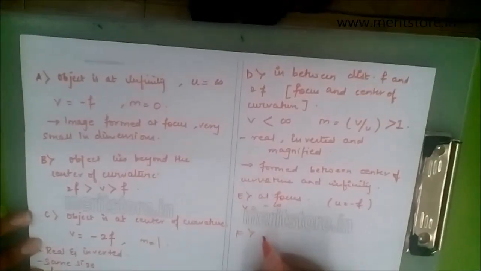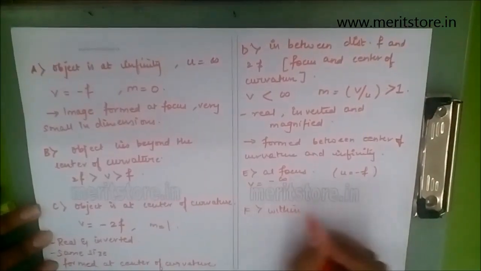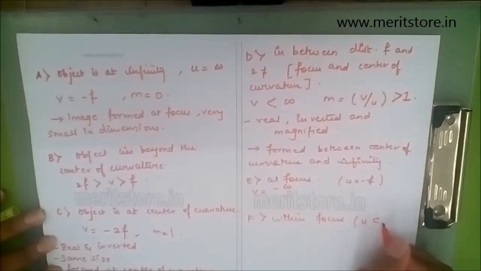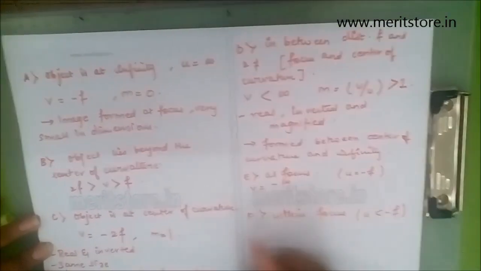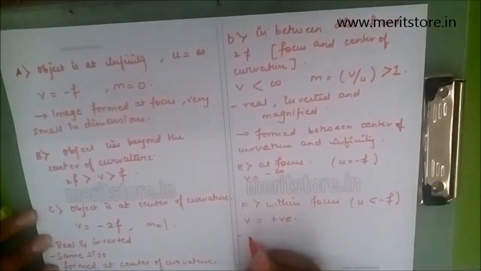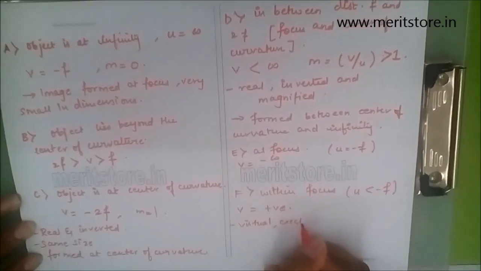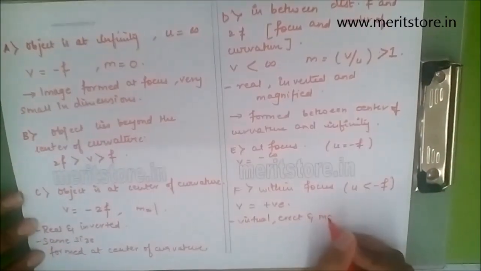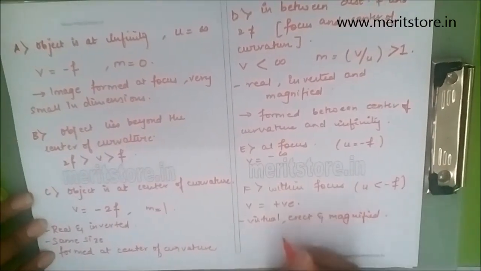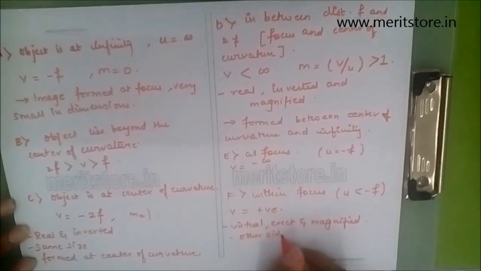Case F, the object is kept within the focus, that is u is smaller than minus f, then v is positive and the image formed is virtual, erect and magnified. It is formed on the other side of the mirror.